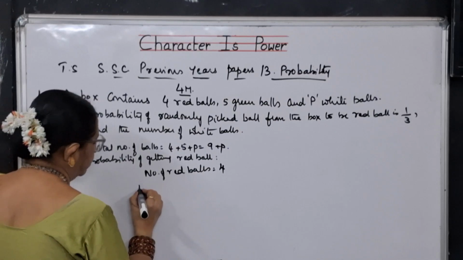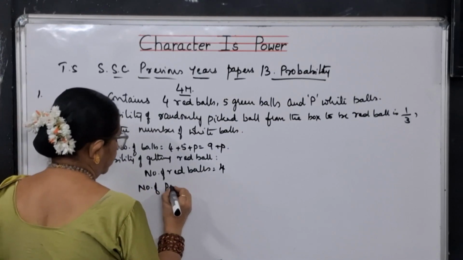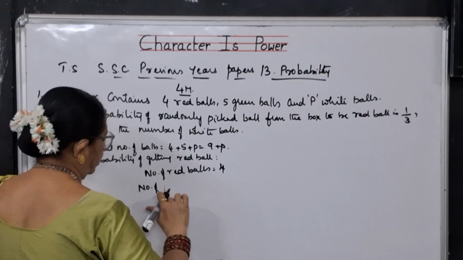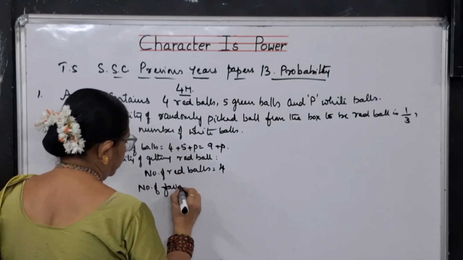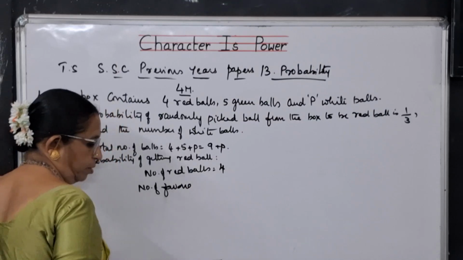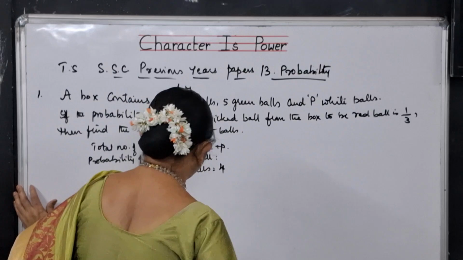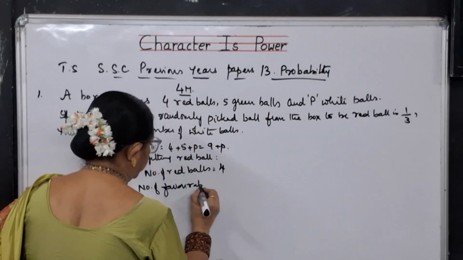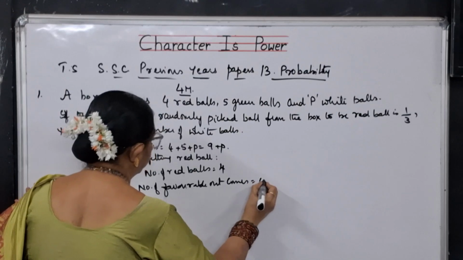So number of favorable outcomes is equal to 4.